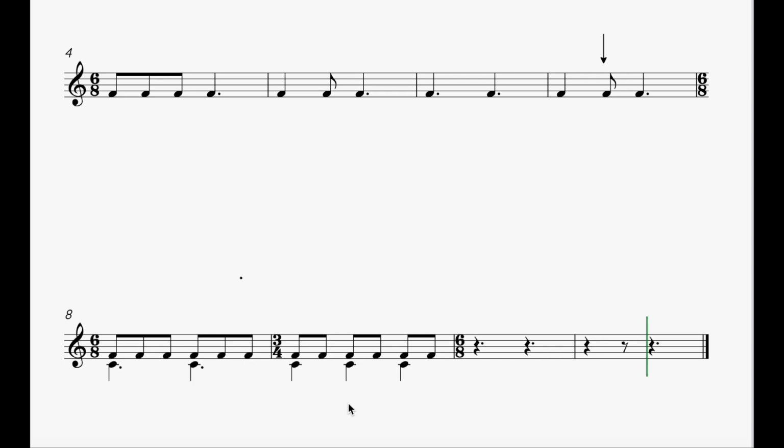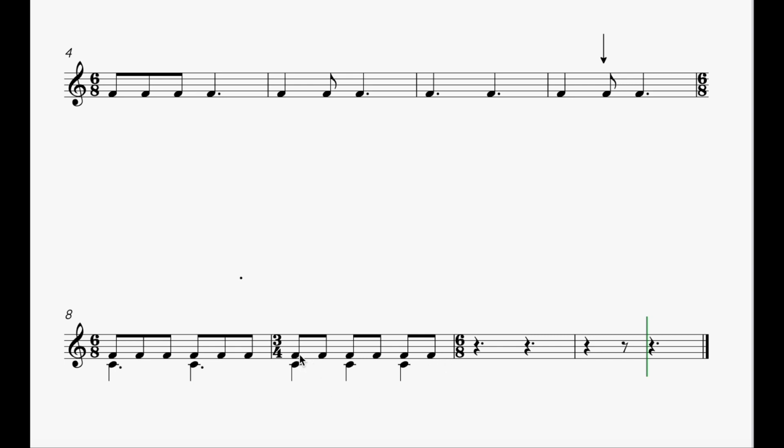So some other comparisons to think about. Here is a comparison between 6/8 and 3/4. In a 3/4 bar, you can also have 6 quavers. But look at the way they're grouped.